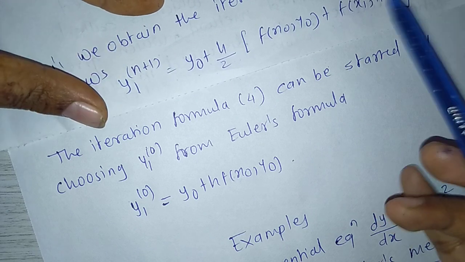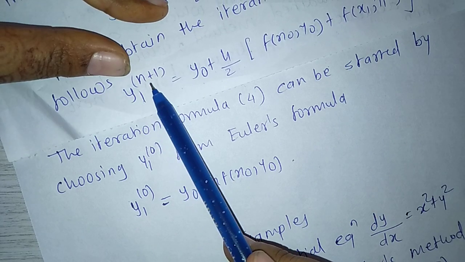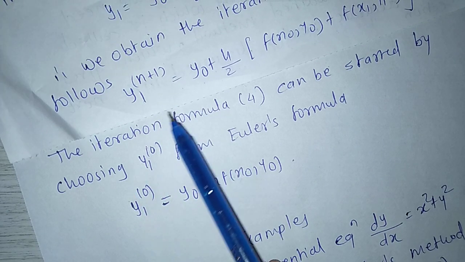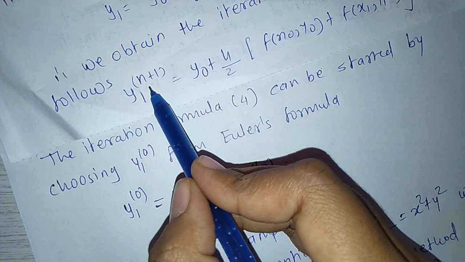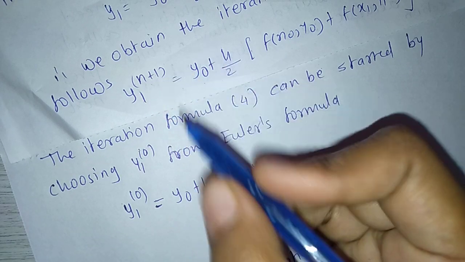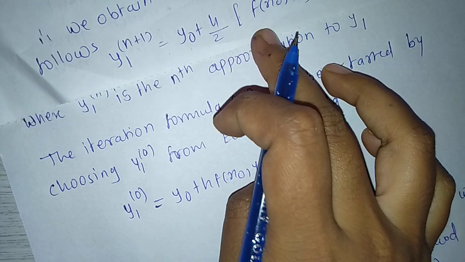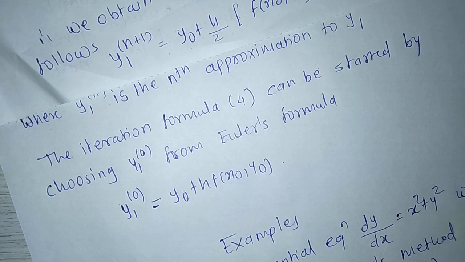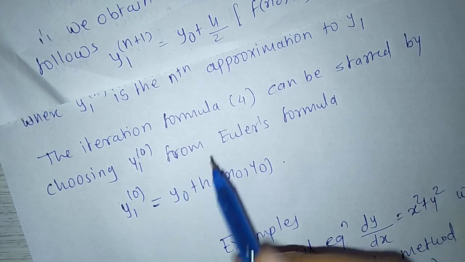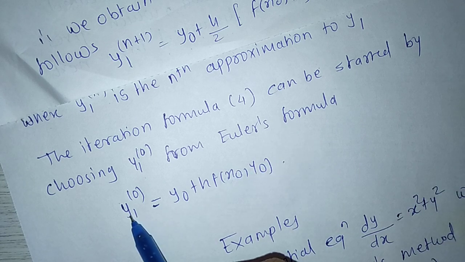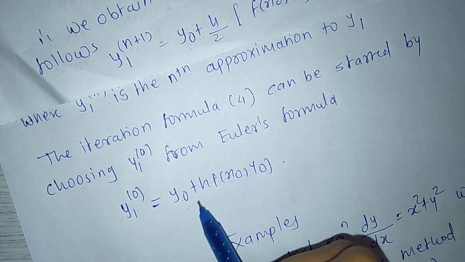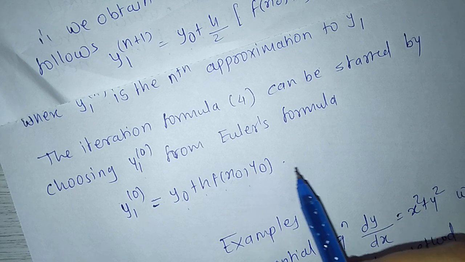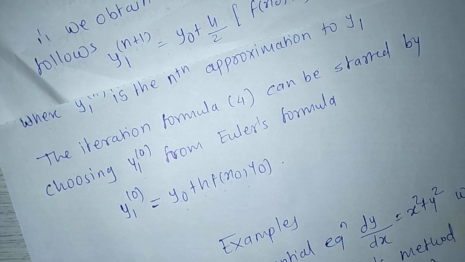This is equation number 4. Here n values are running from 0, 1, 2 and so on. But for the iteration, we can take y1 raised to 0 from Euler's formula: y1 raised to 0 equal to y naught plus h into f of x naught, y naught.